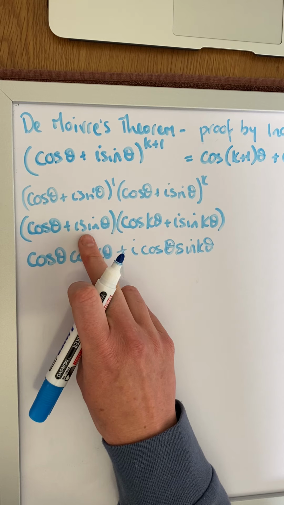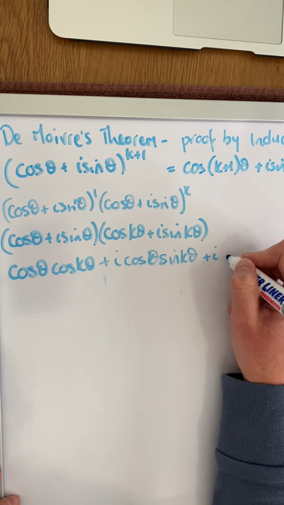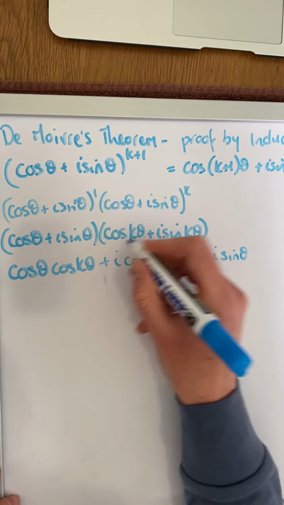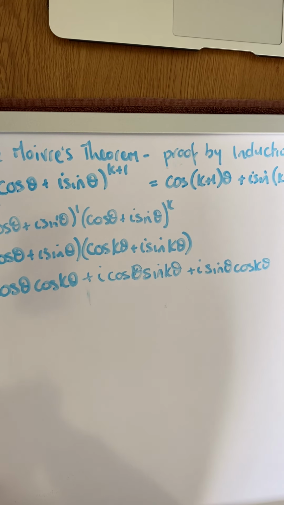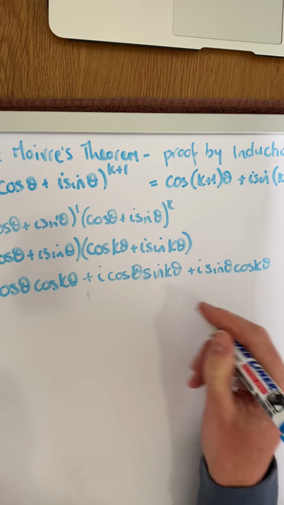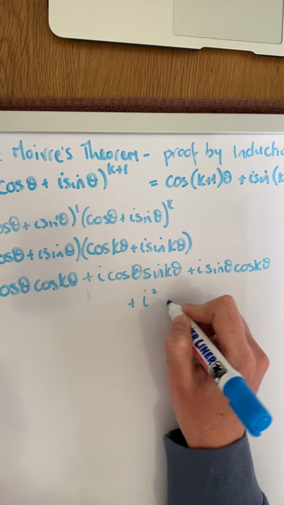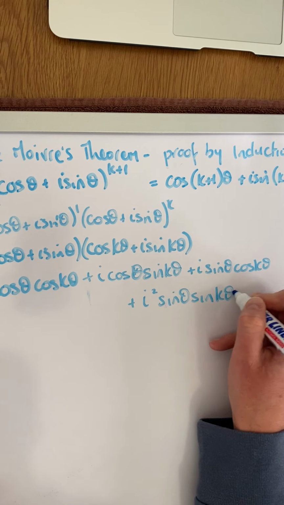Next, we have i sine theta by cos k theta, so that's plus i sine theta cos k theta. And finally, i sine theta by i sine k theta is i squared sine theta sine k theta.